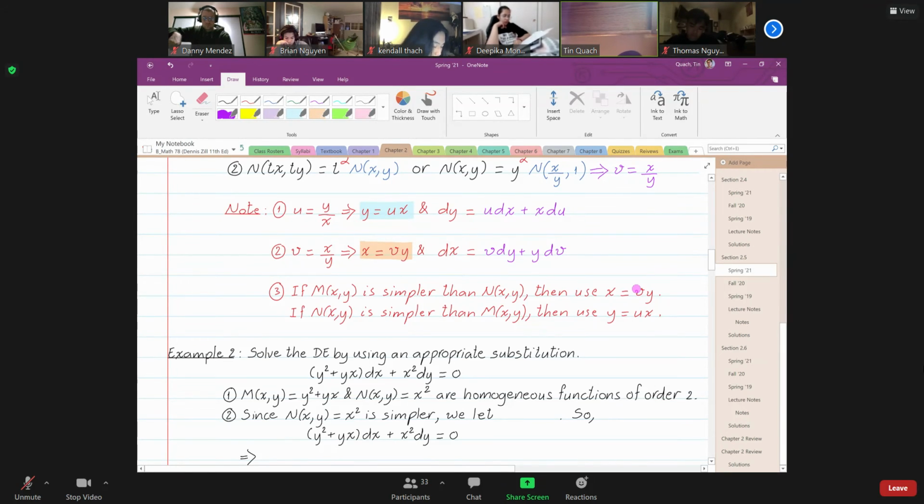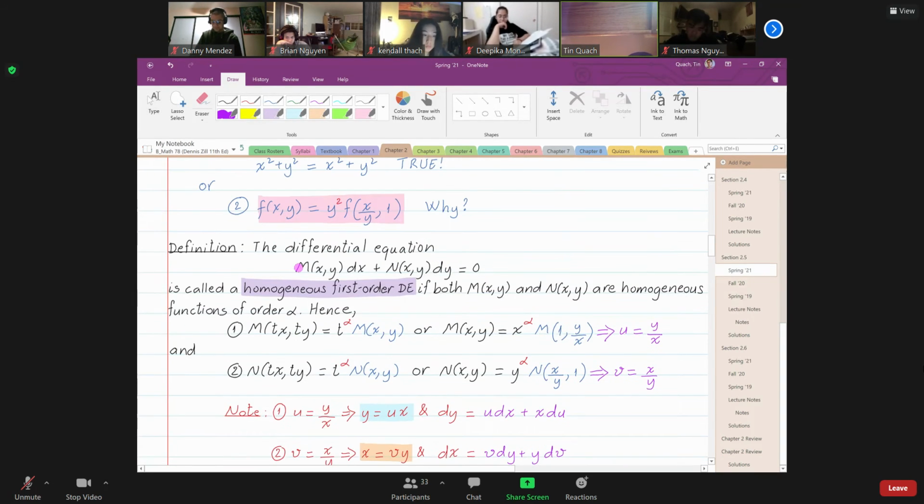The way I remember is I use x for M, I use y for N. How do I know whether it's x or y? If you look at the differential equation, the M corresponds to the dx, the N corresponds to the dy. So if the M is simpler than the N, then I'm going to make my substitution as x equals, because it corresponds to the x. That's how I remember.